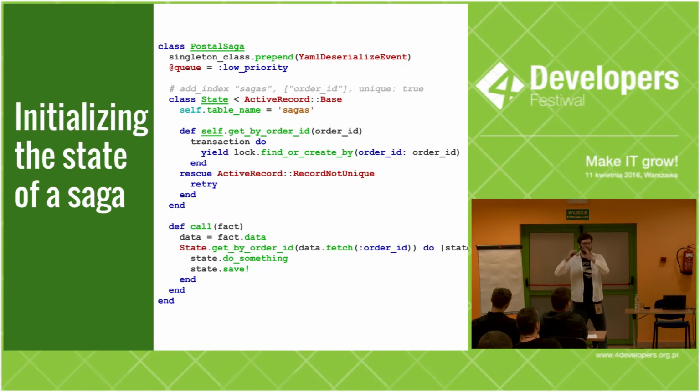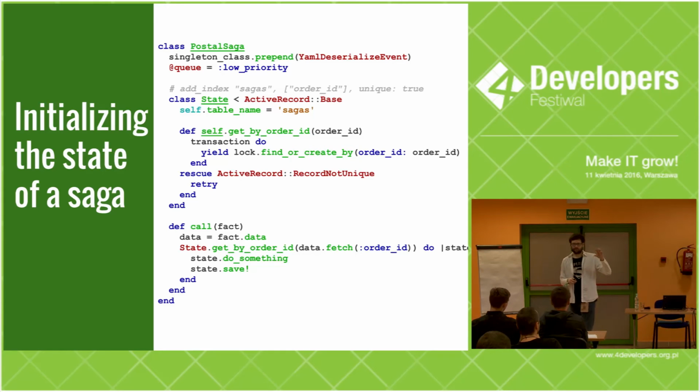If the Saga state is already in the database, then the lock find or create will use a select for update statement in the database, and the record will be locked. So we are sure that this one process will be updating the Saga state at this time only. And if there are two competing processes trying to instantiate the Saga state, what saves us from the problem is that there is a unique index on the database on the order ID in the Sagas table.